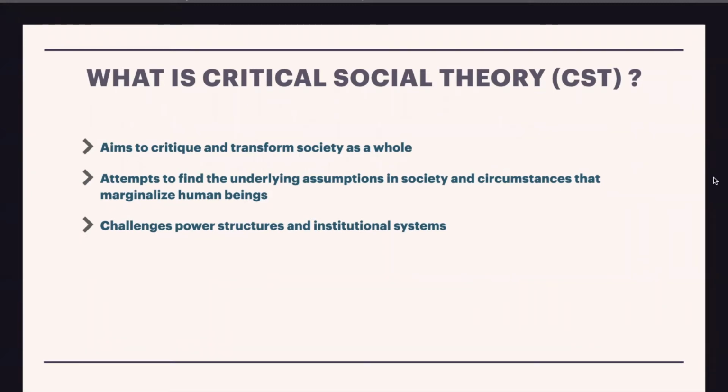So, finding the underlying assumptions in society that prevent people from truly understanding how the world works. Another key concept is that it challenges the power structures and institutional systems that people are a part of.